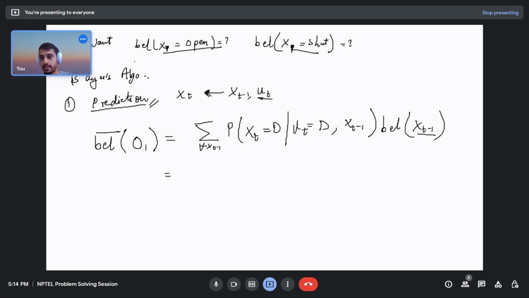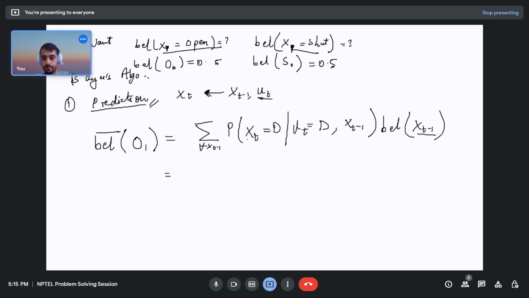O of 0 was given to me as 0.5, and S of 0, S for shut, is also 0.5.